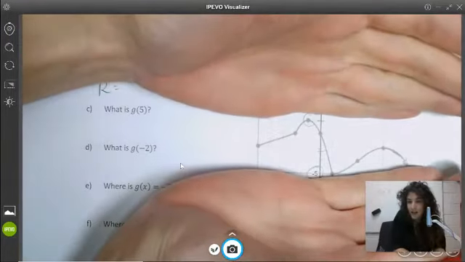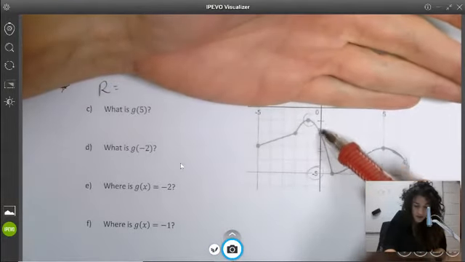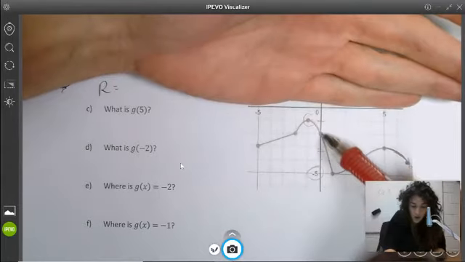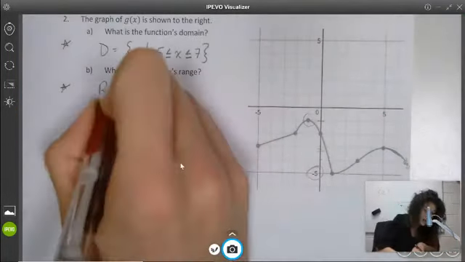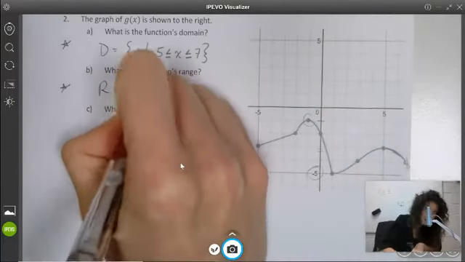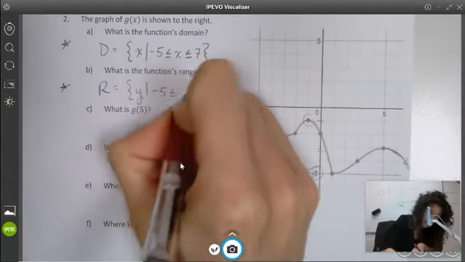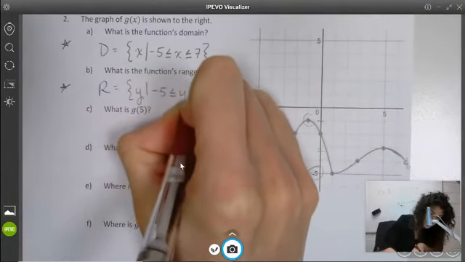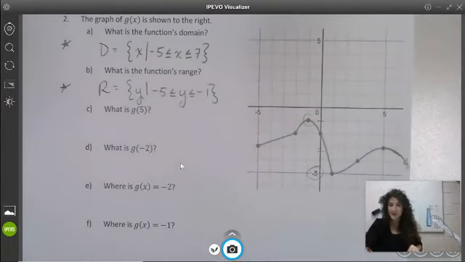So that is what my range is: I'm all the way from -5 to -1. And notice that even with just this curve right here, we've covered all of the values in between. So the range is the set of all y values such that y lives between -5 and -1.